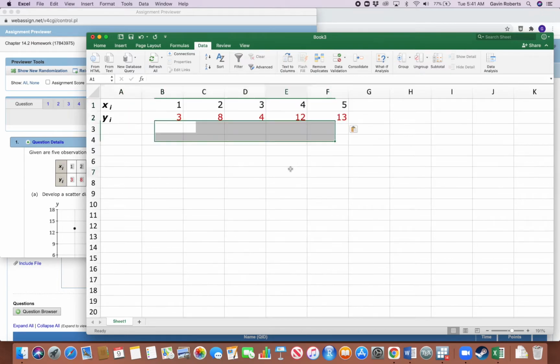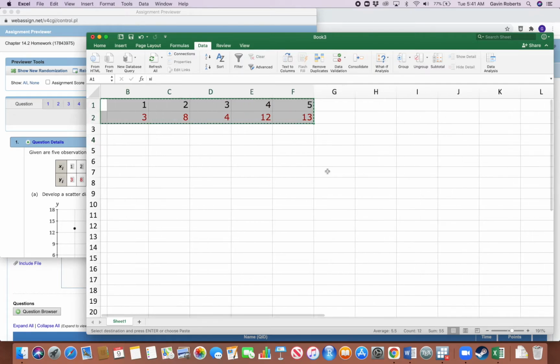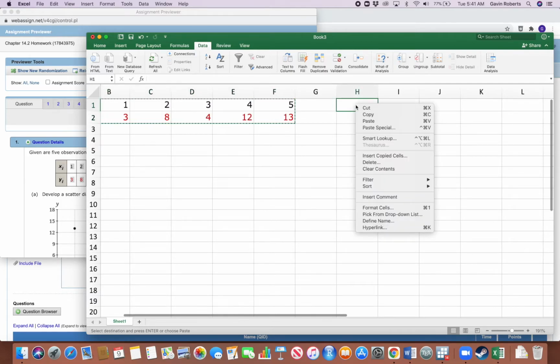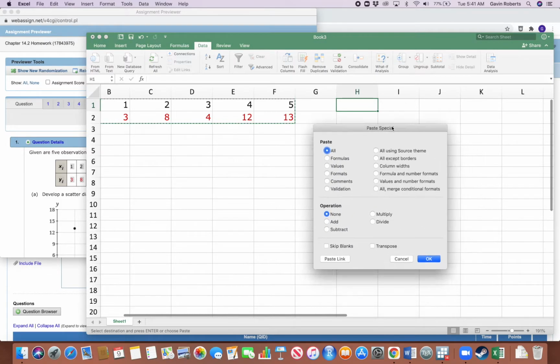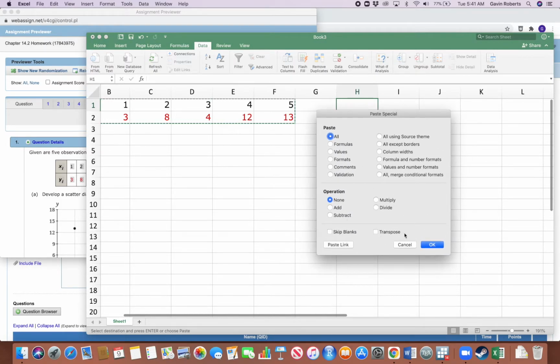nicely into Excel using a regular paste, but when we're doing regression in the Data Analysis ToolPak, we want to actually transpose our data so that we're in columns. So the way to do that is you want to paste it for the first time as rows into Excel, but then after that, paste special. On a Mac down here, it says transpose.